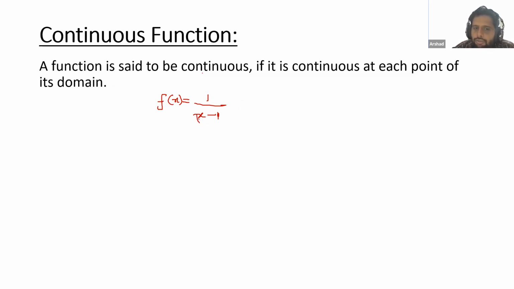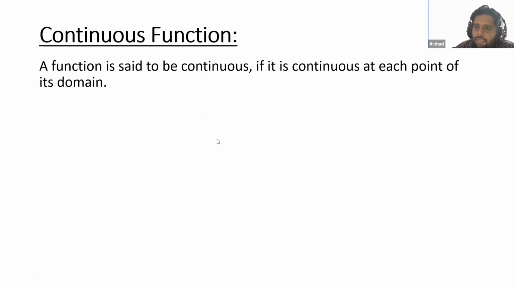I already told you that in the denominator we should never have a 0. So we can't put 1 here in the denominator. So the domain is every real number except 1. A function is said to be continuous if it is continuous at each point of its domain.